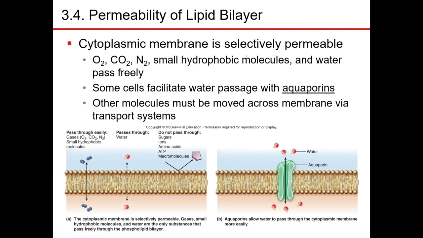Now, some cells may have channels for water to pass through. Even though water has the ability to pass through the plasma membrane on its own, some cells, just to speed up the process of water entering and leaving the cell, may have specific protein channels called aquaporins.